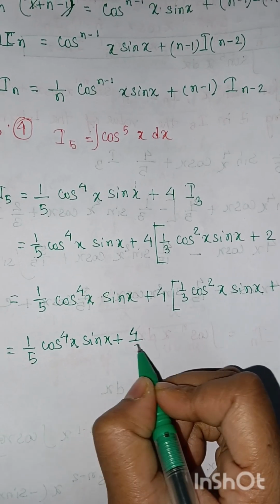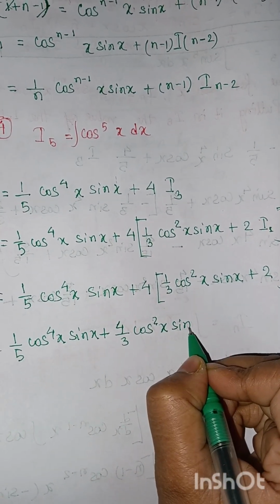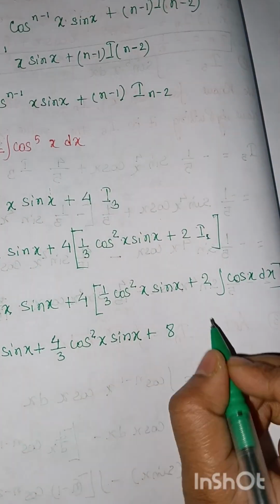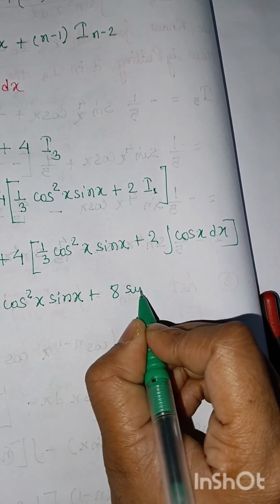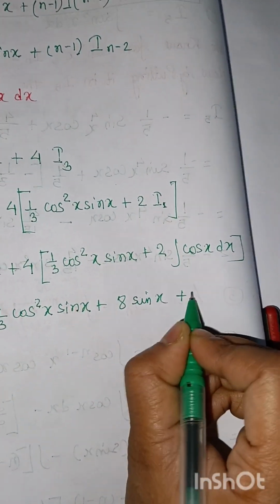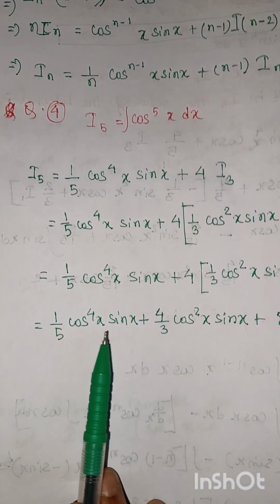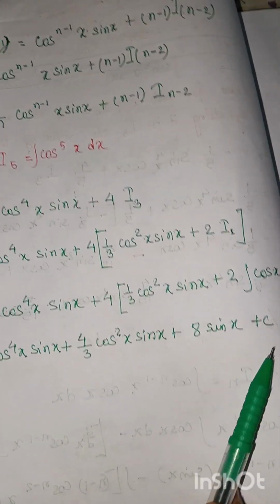So I5 is again 1 by 5 cos to the power 4 x sin x plus 4 by 3 cos square x sin x plus 4 into 2, that is 8, times the integration of cos x, that is sin x, plus c. So this is the simplified form of I5, that is 1 by 5 cos to the power 4 x sin x plus 4 by 3 cos square x sin x plus 8 sin x plus c.